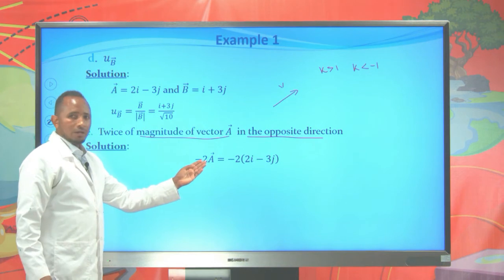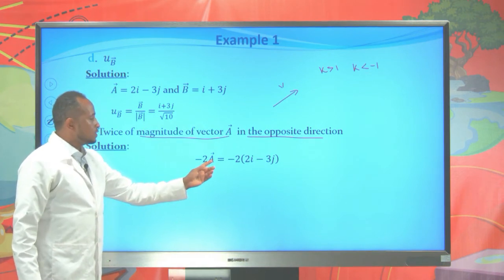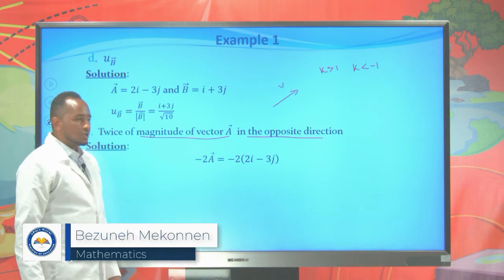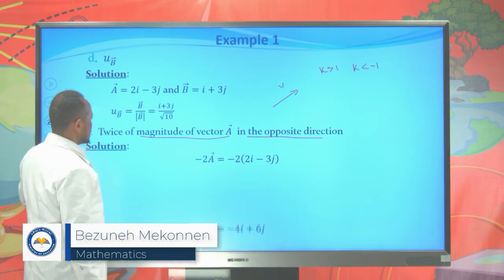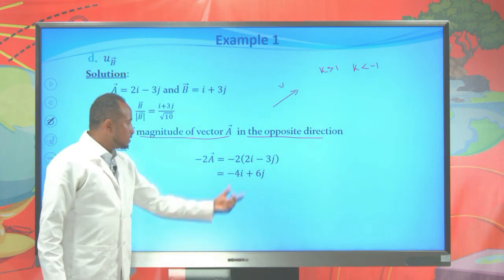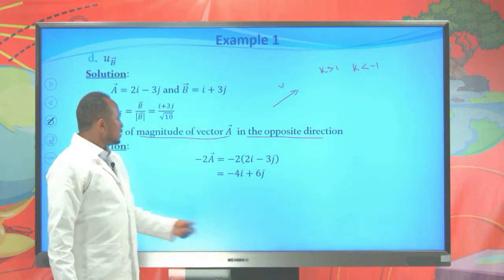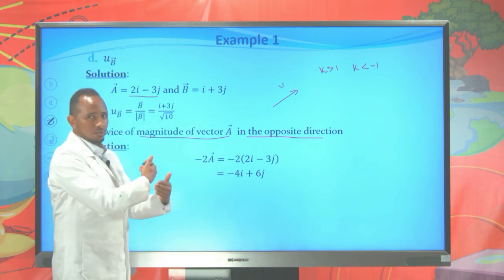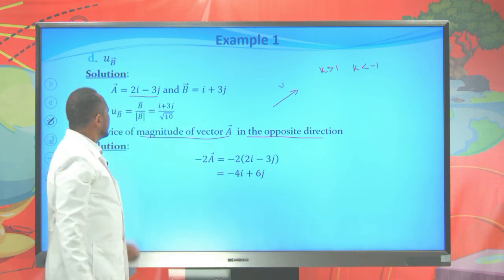We are asked to find minus 2a, which equals negative 2 times our vector a, which is 2i minus 3j. Therefore the result will be minus 4i plus 6j. So this is a vector which is twice the magnitude of vector a but in the opposite direction.